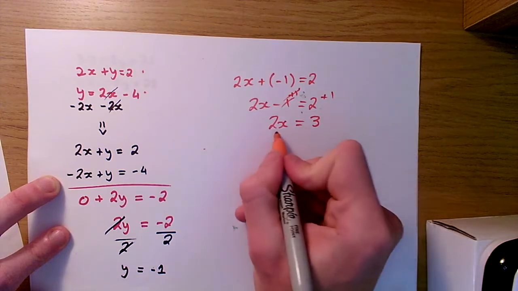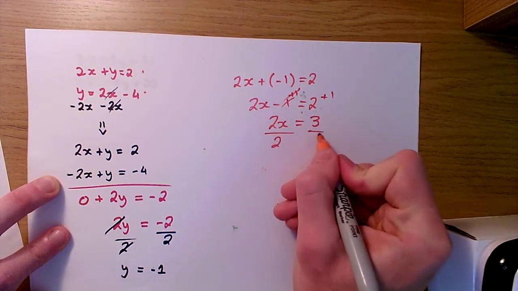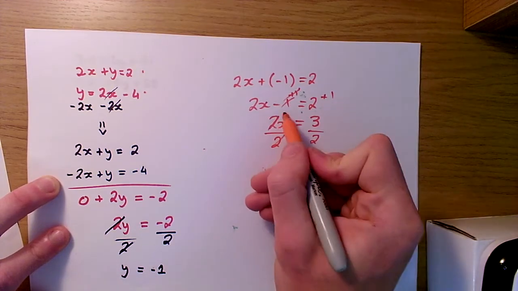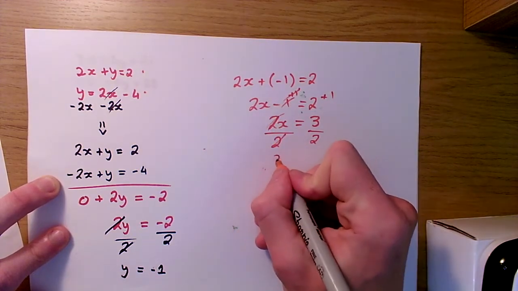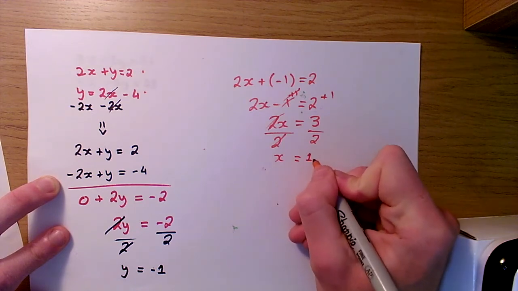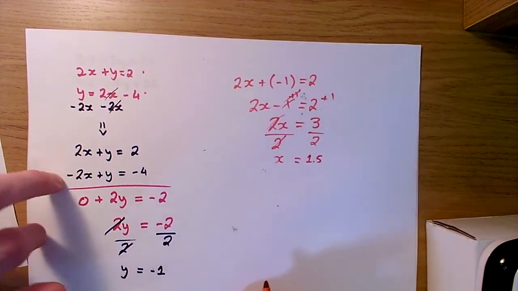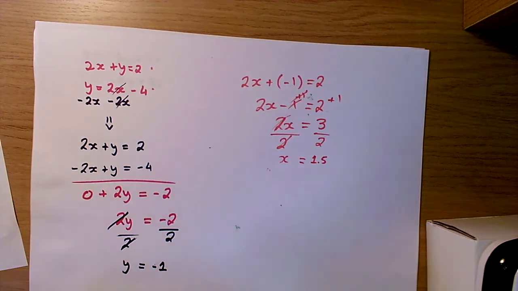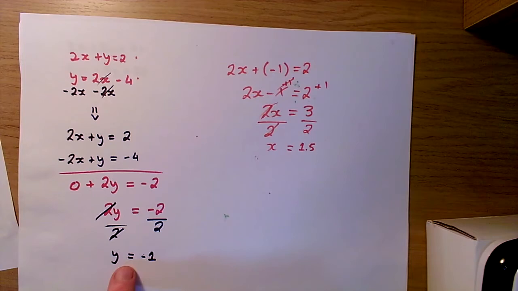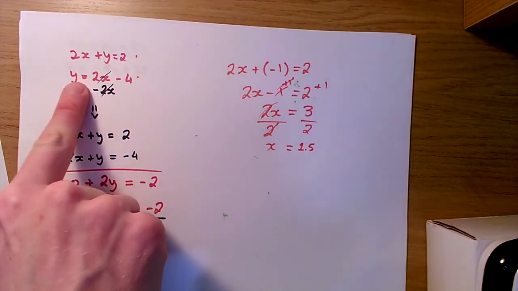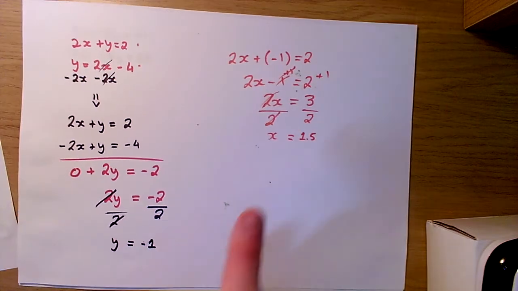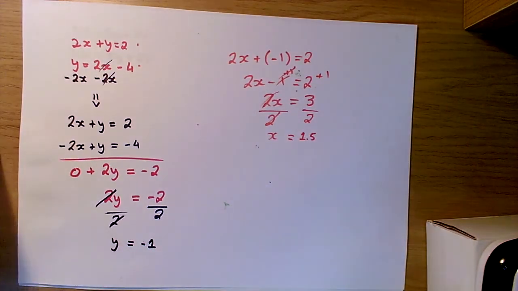So 2x is equal to 3, divide both sides by 2. 2 goes into 2x just 1x times, and 2 goes into 3 1.5 times. What I would encourage you to do now is to pause the video and put minus 1 in for y in our lower linear equation here, and we should see that we get x is equal to 1.5 as well.